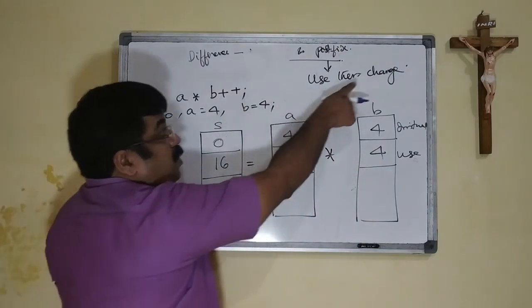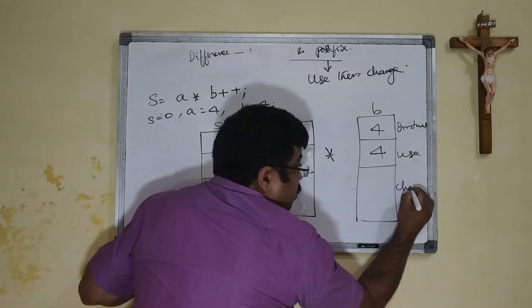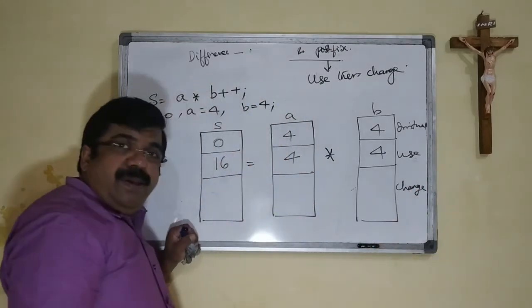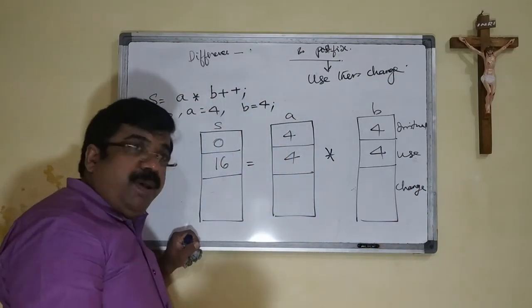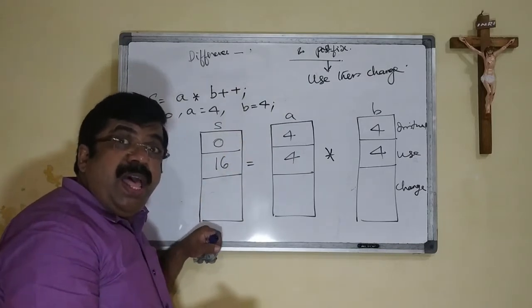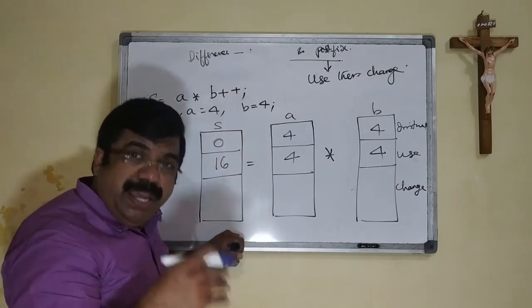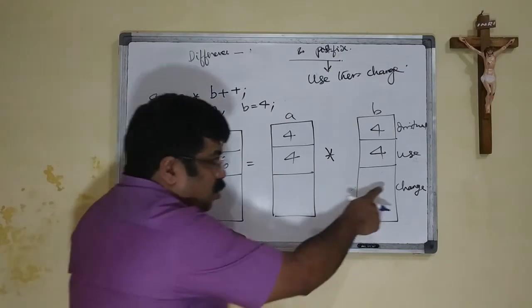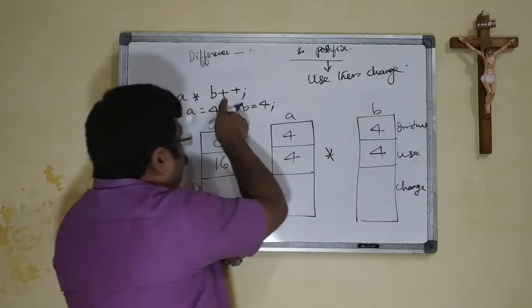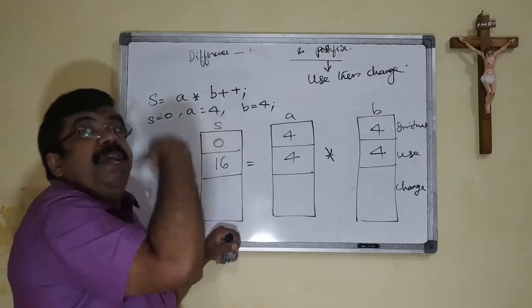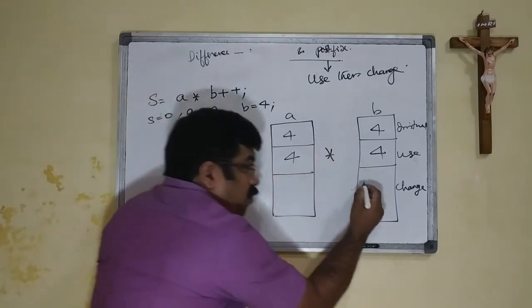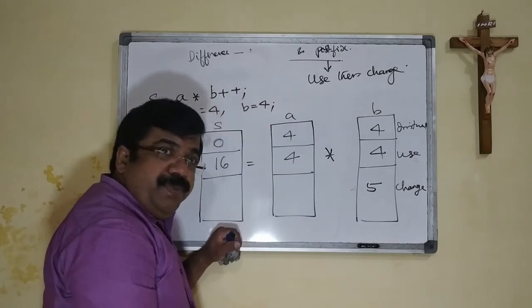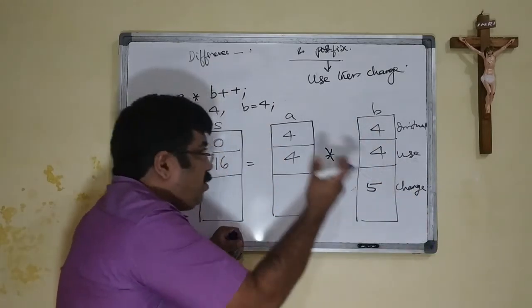Next, what is happening in the last step? Change. In the change step, the variable which is given with the postfix increment or decrement will be changed. So here 4 was given with the increment operator, so 4 will become 5. The variable is changed.